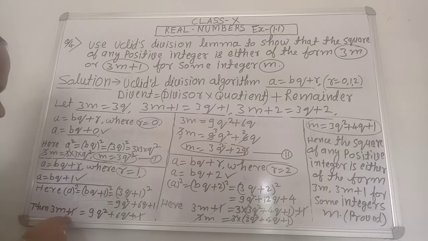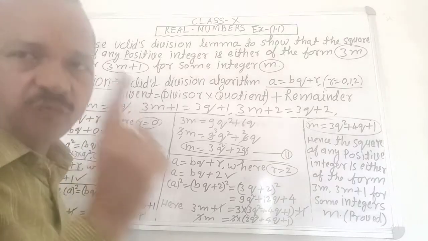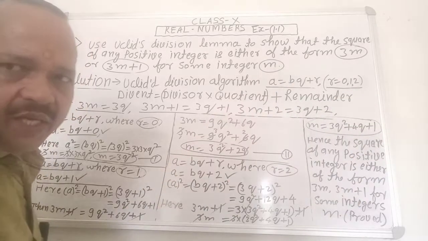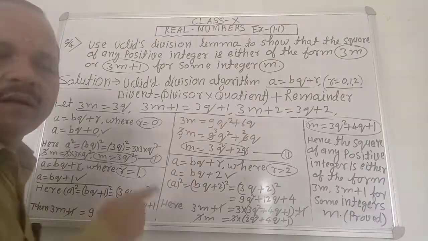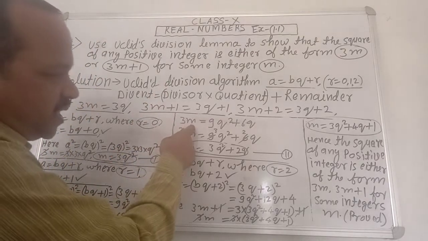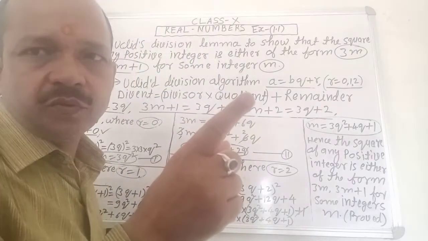Hence 3m plus 1 equals 9q square plus 6q plus 1. The 1 on the right side is cancelled by the 1 on the left side. Then it becomes 3m equals 9q square plus 6q.